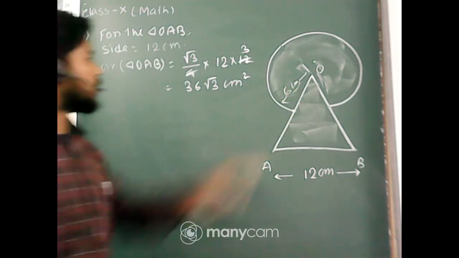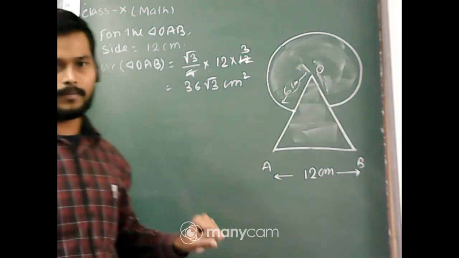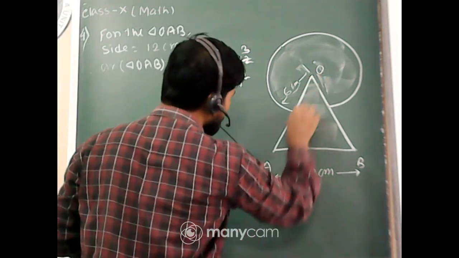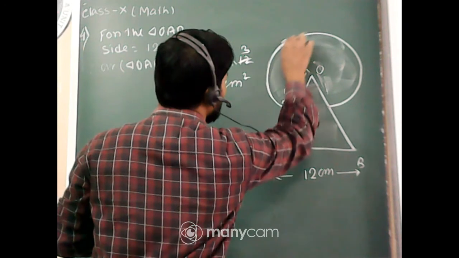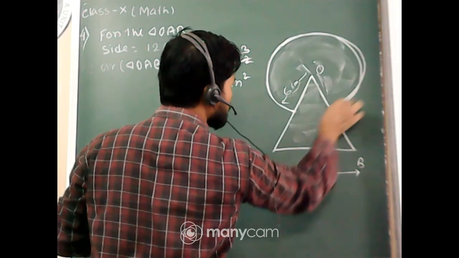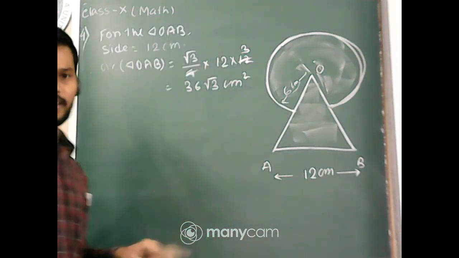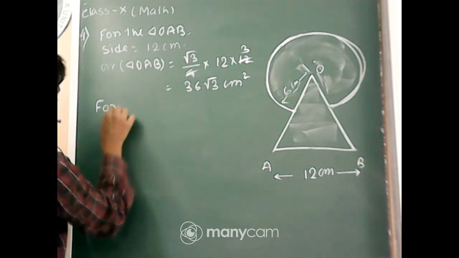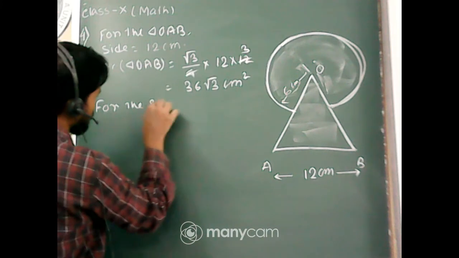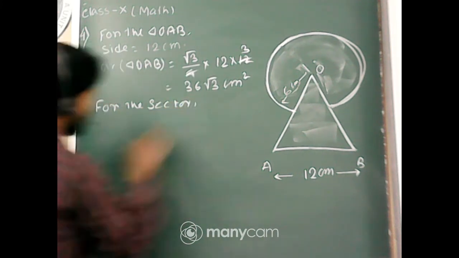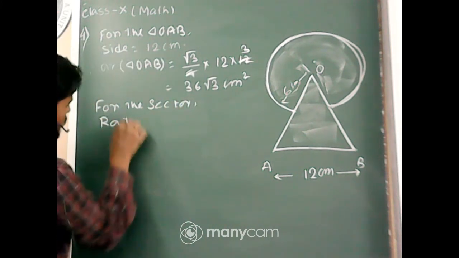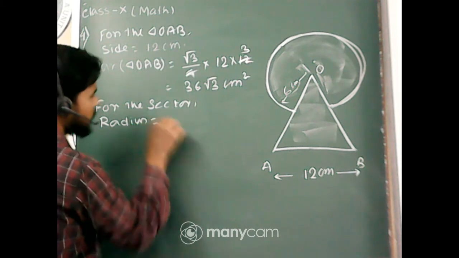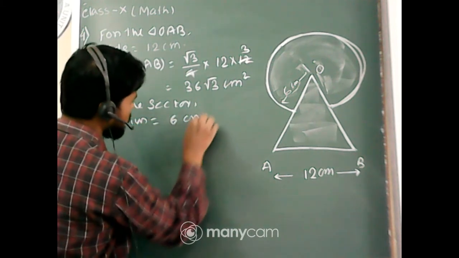Now we'll consider this circular portion. Now look, this is a sector of the circle, major sector. So for the sector, the radius is given as 6 centimeter.